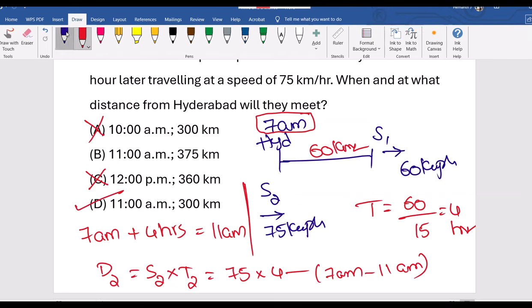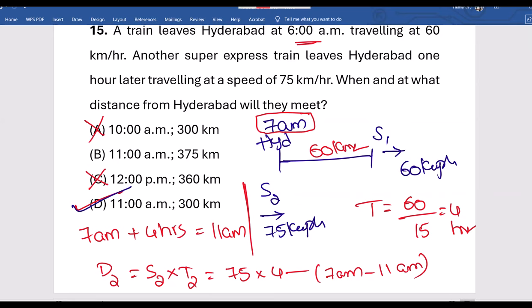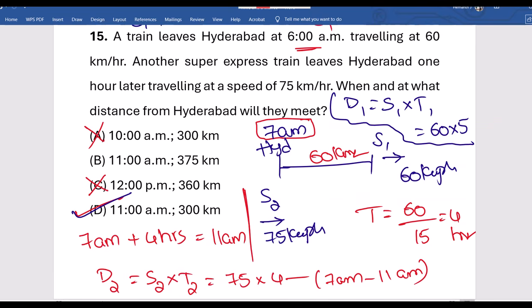If you take the first train, speed is 60 but it traveled 5 hours, since it started at 6 a.m. and they met at 11. 60 into 5. You can take S1 into T1 also: S1 is 60, T1 is 5. 60 into 5, 75 into 4, 300 kilometers.